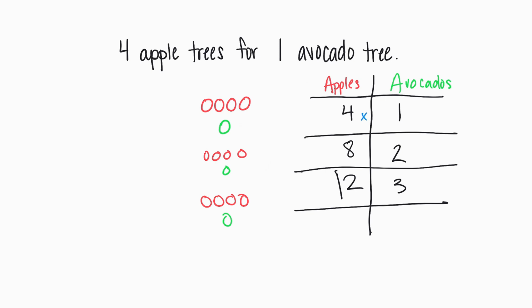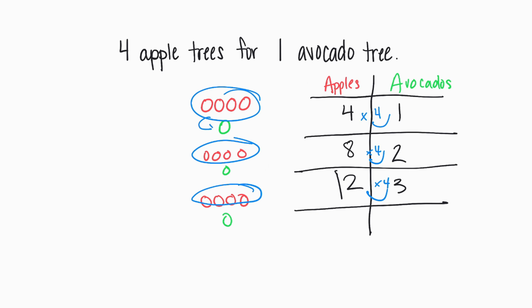So if I do times 4 this way, I can see that there's 4 times as many apple trees as there are avocados, right? So there's always going to be 4 times as many apple trees as there are avocados. Okay, so I can see a relationship there.